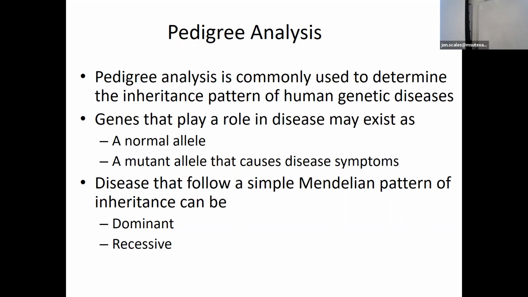Dominant means 1 copy of that version of the gene will show up in the phenotype. It will dictate the phenotype. Okay? So you would have what would be considered the mutant phenotype if you carried 1 mutant allele. That's what dominant would mean in this instance.